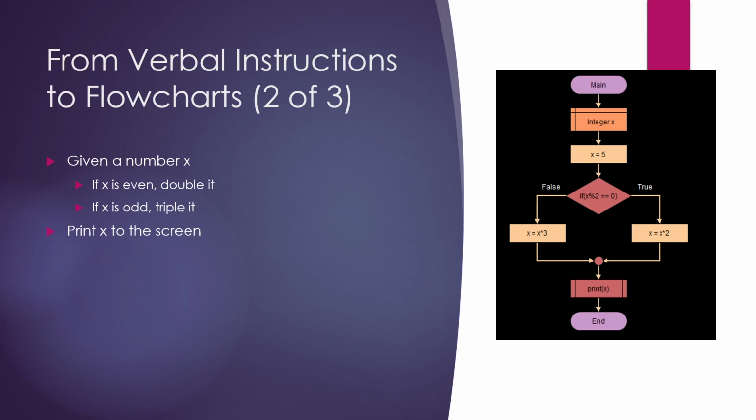Therefore, if x mod y equals 0, then x is divisible by y. So in our case, it is false, so x equals x times 3. And then we reach the end of our conditional statement, and we're going to say print x. In this case, this bit of code, if we were to write it out, would print the number 15.